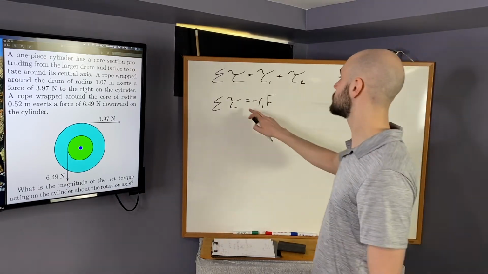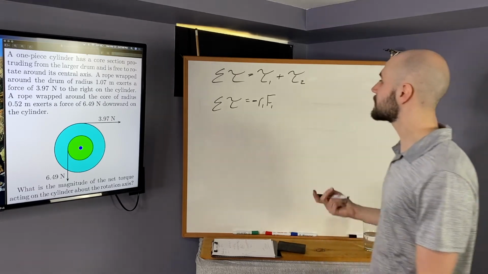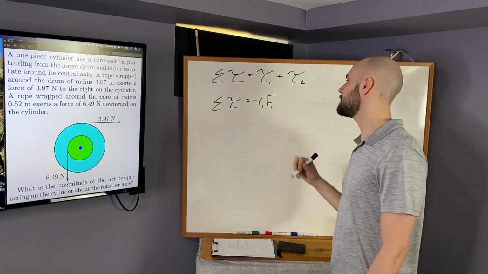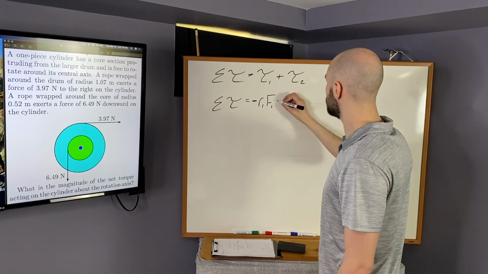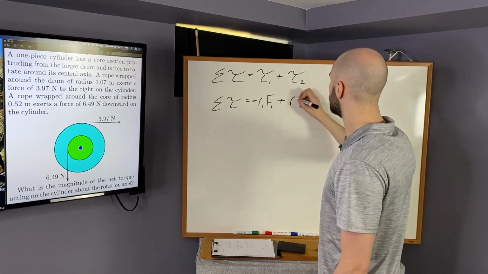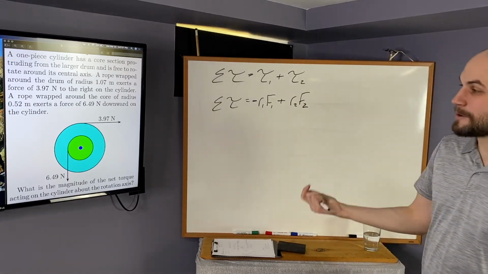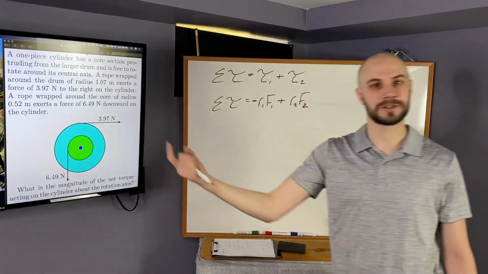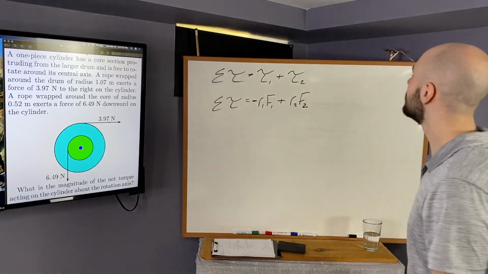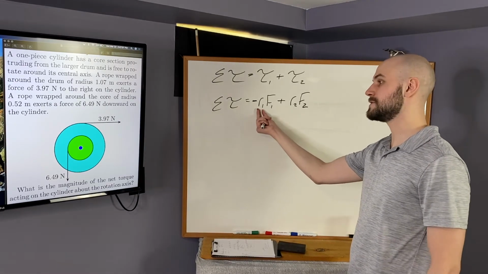You will get the right answer if you change it up though. So the first torque is negative R1 times F1, and then the next torque is going to be plus R2 F2. That one's positive because this torque is going to want to rotate that object counterclockwise.